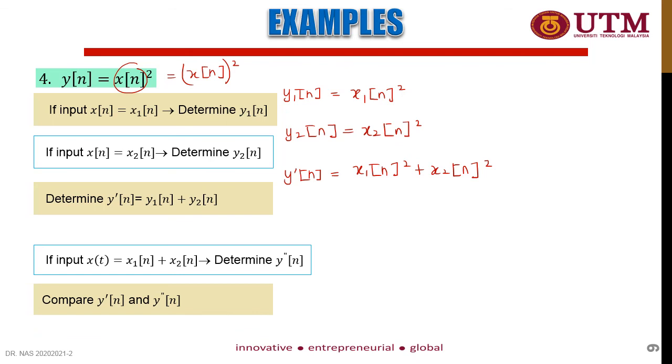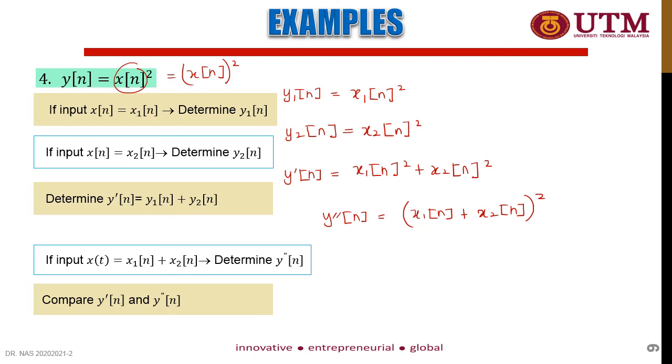Next, determine y double prime[n]. In this case, x1 plus x2. So y double prime[n] equals x1[n] plus x2[n], this is your x[n], and then being squared.